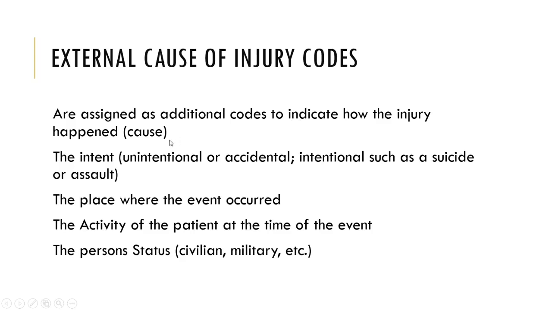The cause. Hopefully it's starting to make sense with repetition. The intent. Was it unintentional or accidental, or was it intentional, such as a suicide or an assault? What about the place where the event occurred? The activity of the patient at the time of the event and the person's status. Were they civilian, military, or etc.?